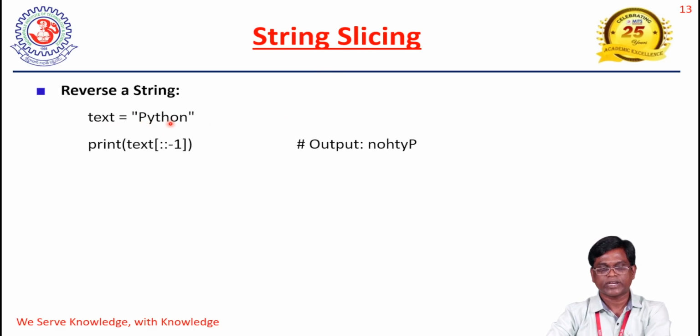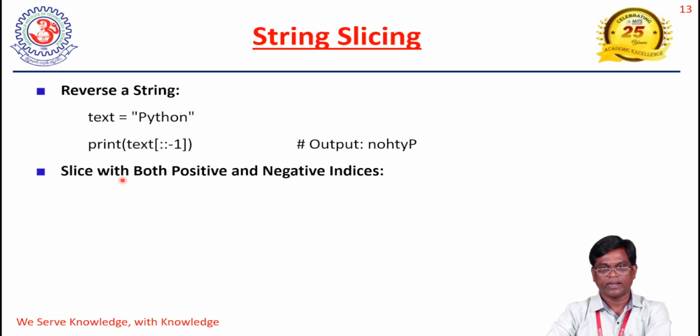Here I have a string with text equal to Python, and if I want to reverse this string, I can use the string slicing property. So print of text colon colon minus 1. I am ignoring the starting and ending index, and I have given the step count as minus 1. Now the output will be the reversed string. This is one important feature that we can consider from the string slicing operation.